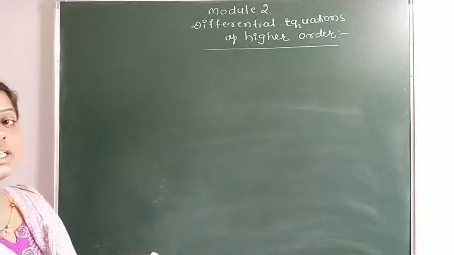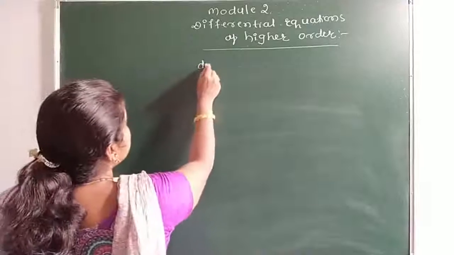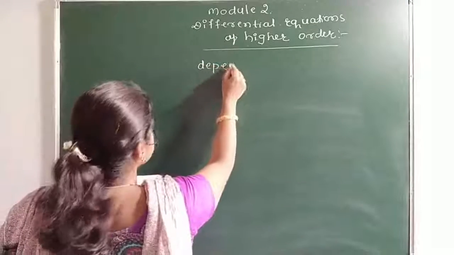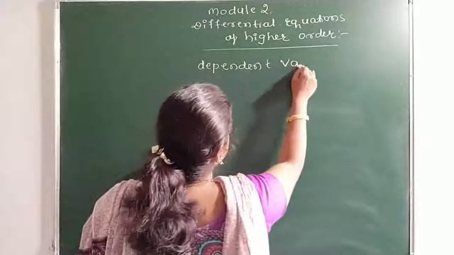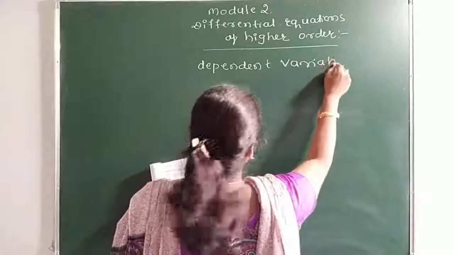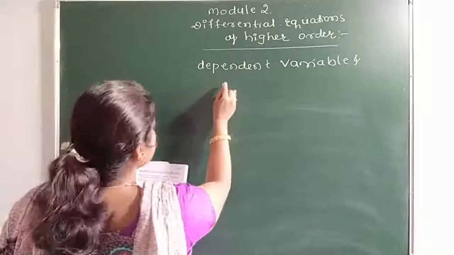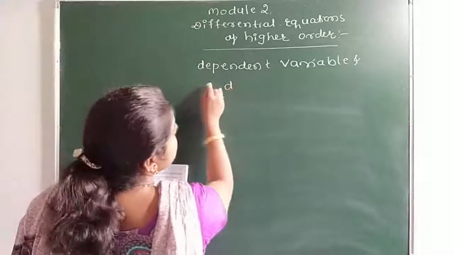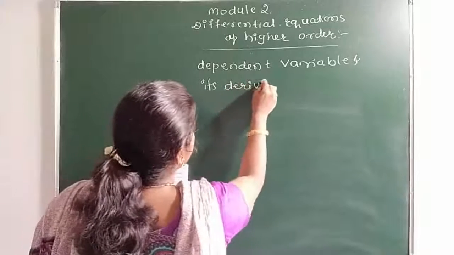A differential equation is linear if the dependent variable and its derivatives are in the first degree.